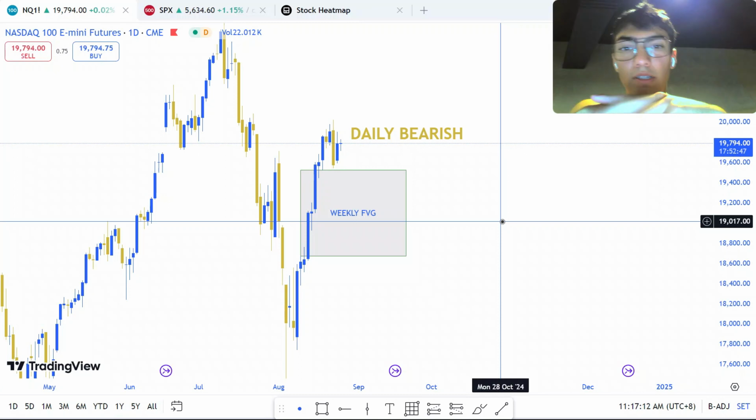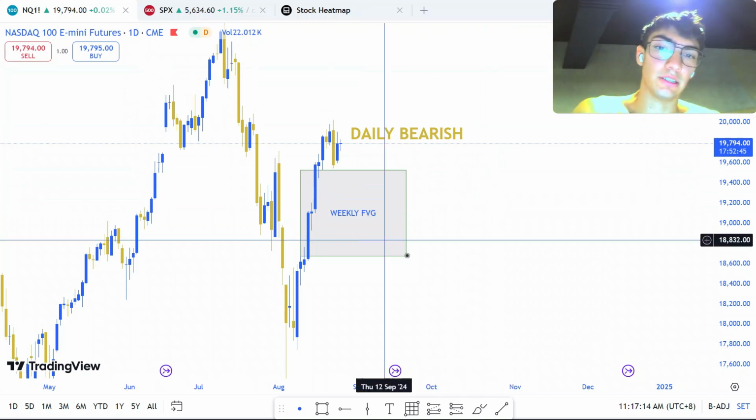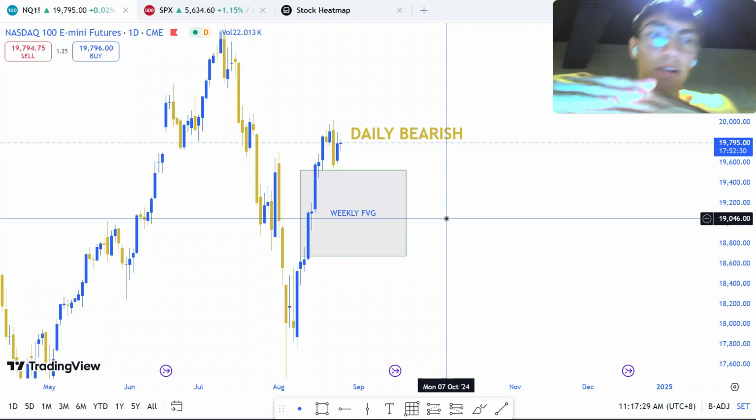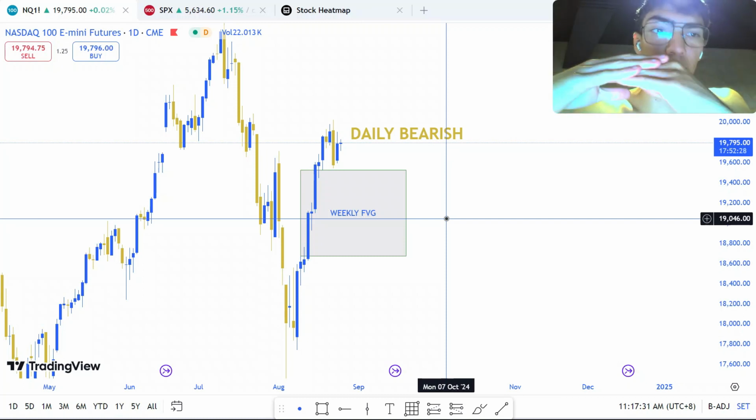Anything in the Nasdaq sector or index, like Apple, AMD, Google, Starbucks, you can trade off these Nasdaq levels.